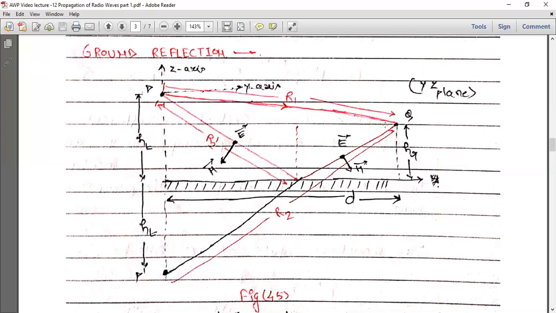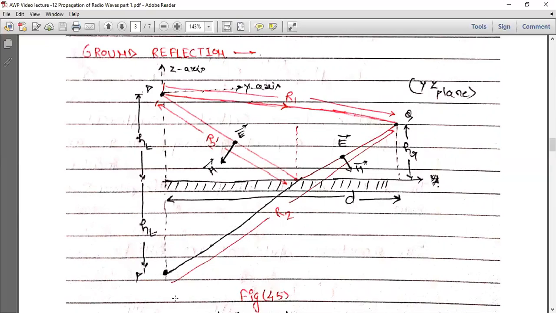And as we had studied in the theory of images, if you extrapolate this reflected ray, you find that the ground surface can be removed, and you can introduce an image of the source placed at point P, at point P dash, just ht depth below the ground surface.